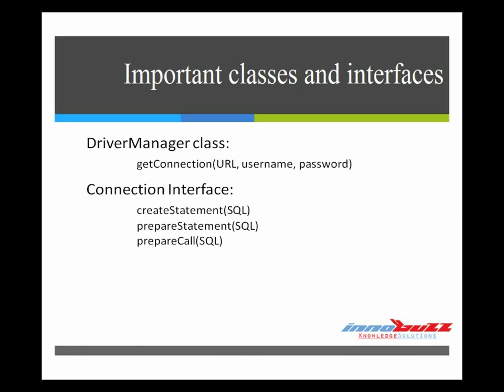The prepareStatement method for SQL statements that might contain input parameters. It returns an object of type PreparedStatement interface. And the prepareCall method, used to execute stored procedures, returns a CallableStatement interface.